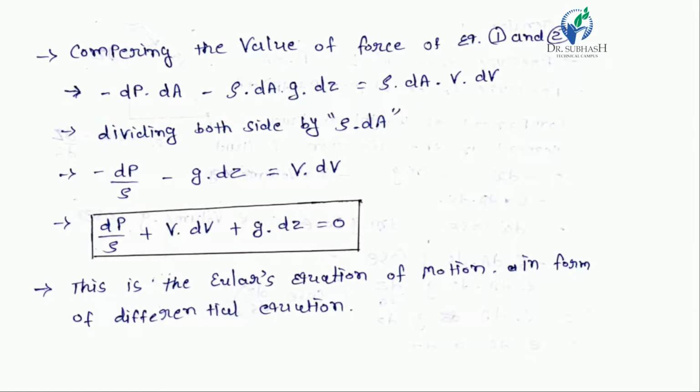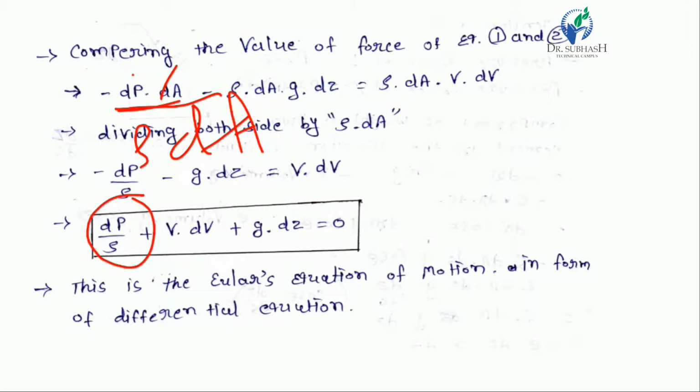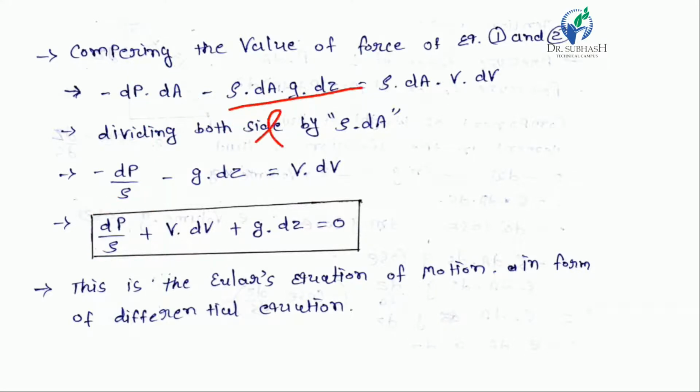Now divide both sides by rho into dA. First of all, dA cancels, so we get dp upon rho, and g dz.